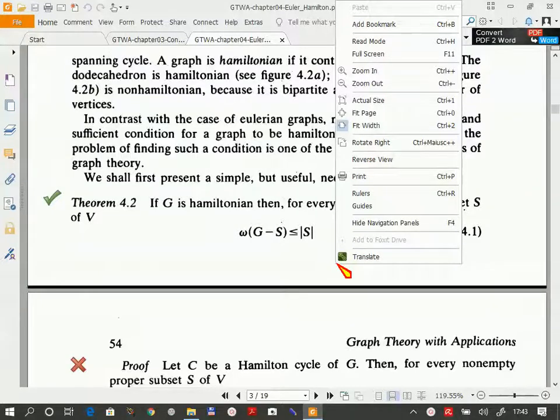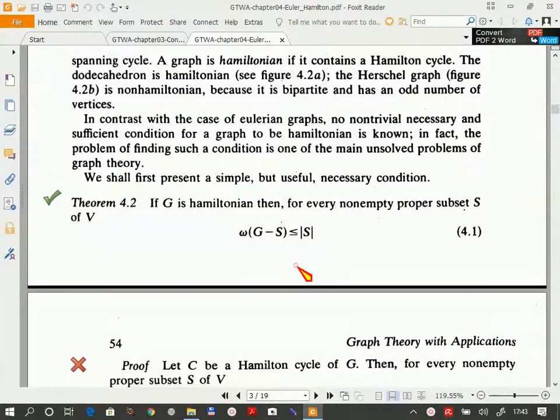And so when you have such an implication, you scarcely can use it for confirming something. If you find that for a certain graph G, you take away in all possible ways a set S of vertices, and you find that this inequality holds, you have nothing in your hands. Maybe it is Hamiltonian, but who knows?